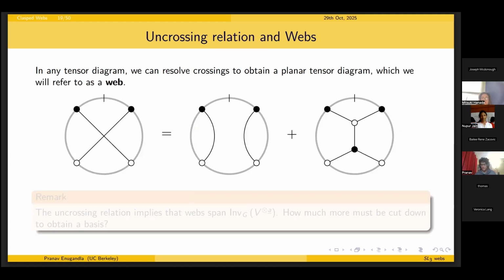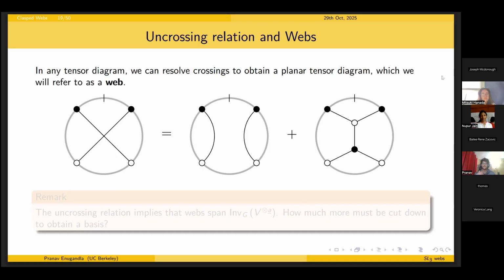Okay, now I've told you that every tensor diagram gives you an invariant, but what happens in general is that there are way too many tensor diagrams compared to the dimension of this invariant space. So these are not all linearly independent. There's going to be a bunch of relations between them. And the main relation is this uncrossing relation. So anytime you have two strands that cross each other, you can decompose it into a formal sum of these two graphs.